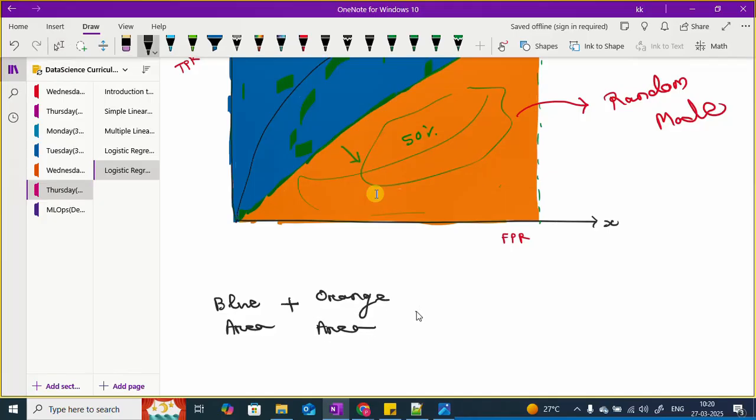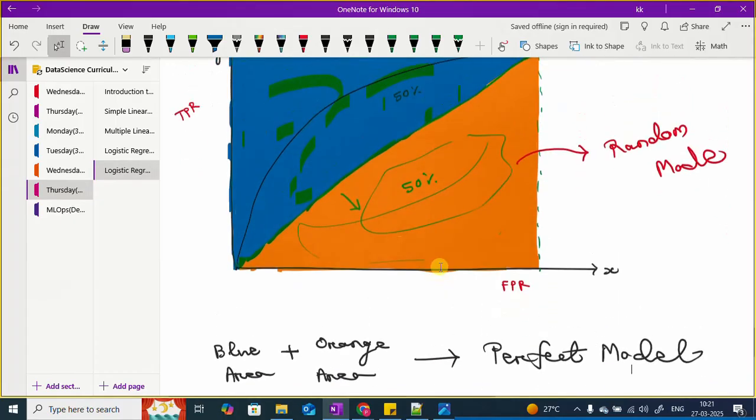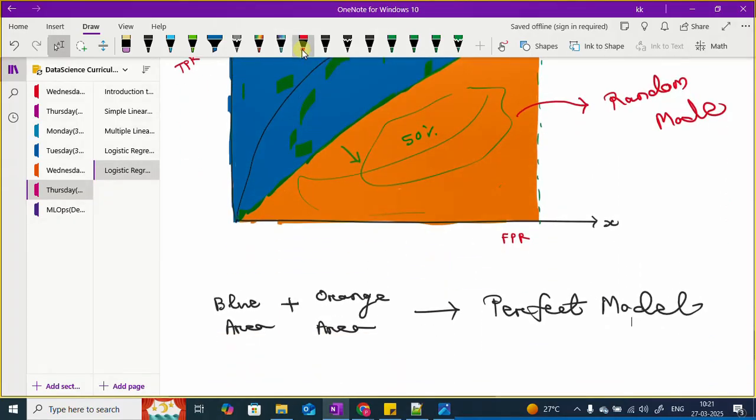This is the example of a perfect model. I'll share my PPT with you and show you some beautiful diagrams. Nothing to be worried about. Guys, clear? Concept-wise clear? Any doubts so far?